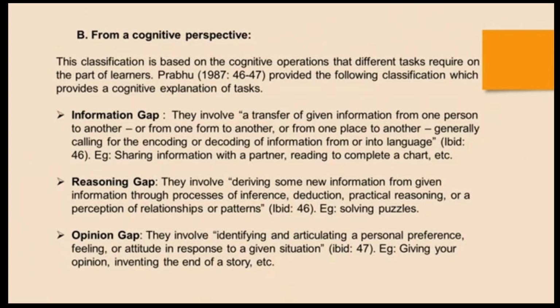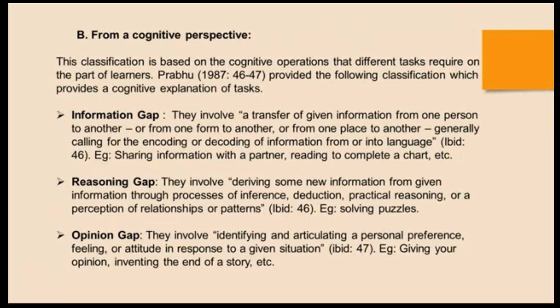The difference with information gap is that in reasoning gap, students have to derive information using their logic, whereas in information gap tasks, they simply have to transfer given information from one person to another, or from one form to another.